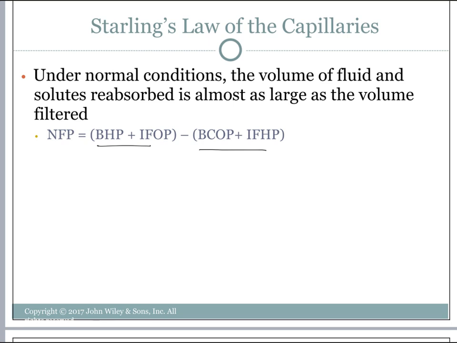Now again, the volume of fluid and solutes reabsorbed is almost as large as that which has been filtered. And remember, we're talking about 20 liters on the arterial end versus 17 liters. So it's almost equivalent when we talk about net filtration pressure on the arterial versus venous end of our capillary bed.